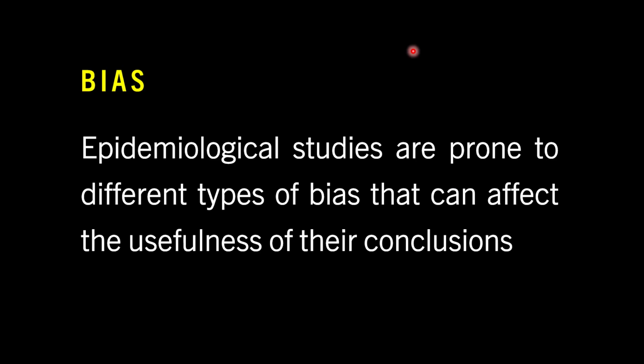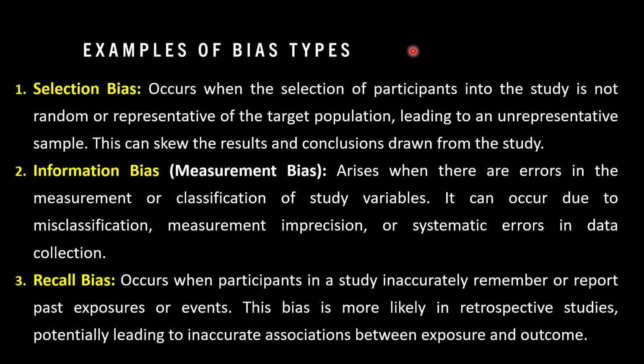So bias means that epidemiological studies are prone to different types of bias that can affect the usefulness of their conclusion. Those are some types of the bias, like the selection bias, when the selection of participants into a study is not random or representative of the target population.